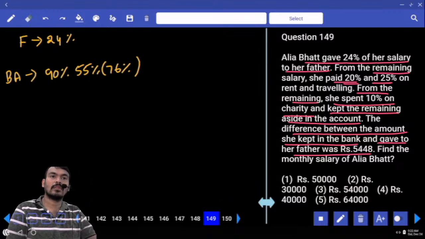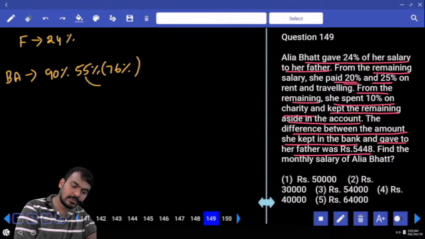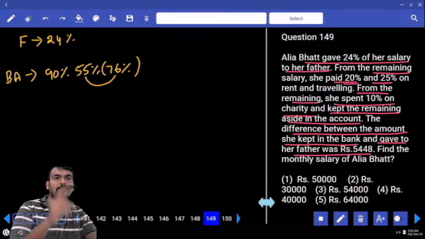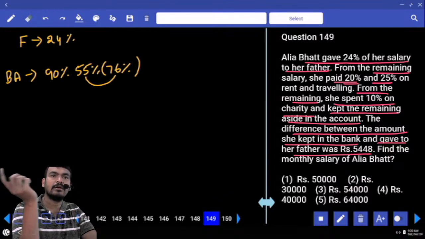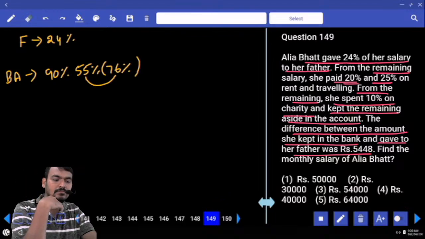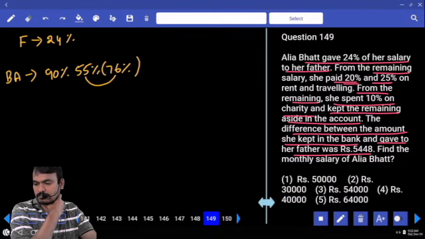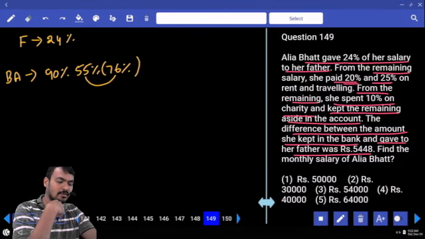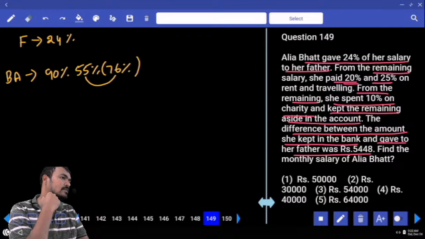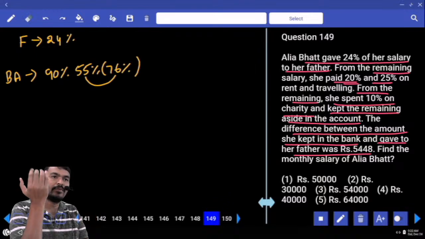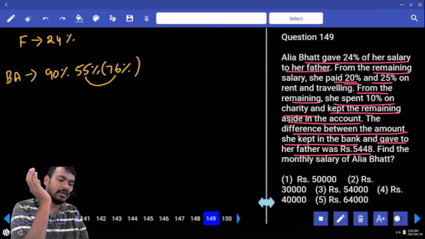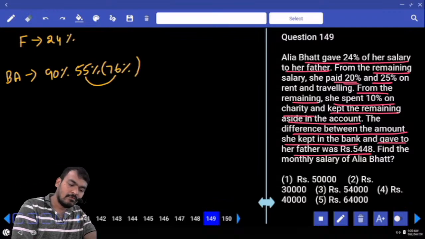Yes or no? Okay. What is 55% of 76? 50% means 38. 5% means 3.8. 45 completed, remaining 55. 38 plus 3.8 is 41.80.